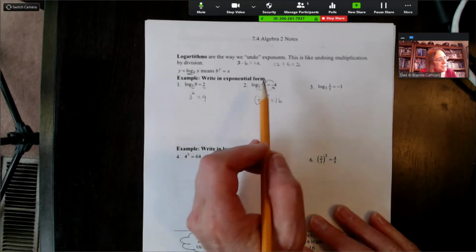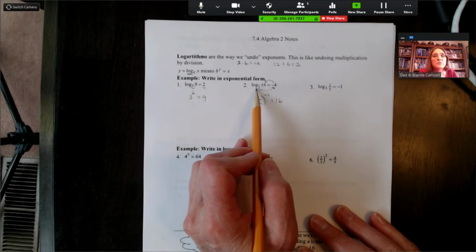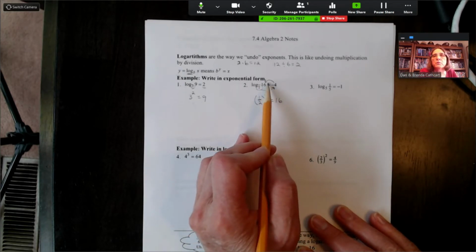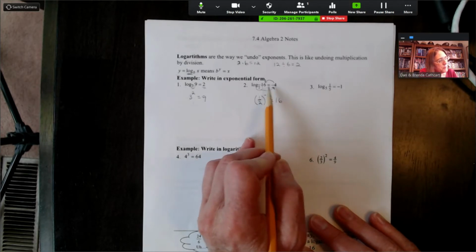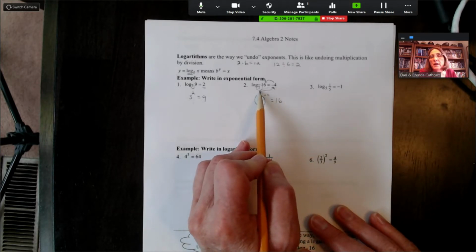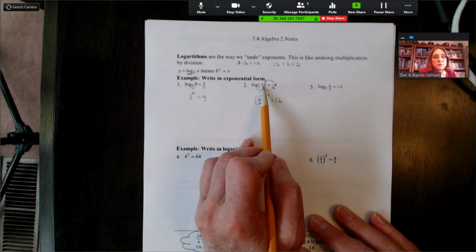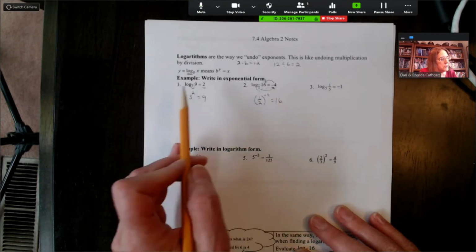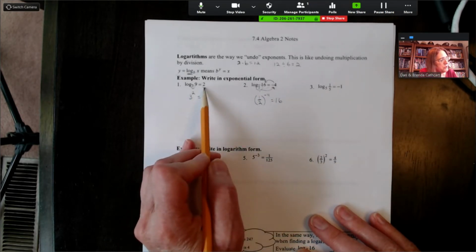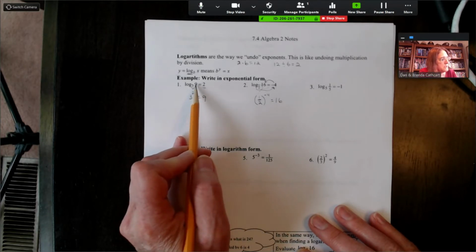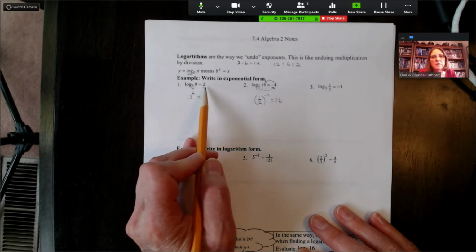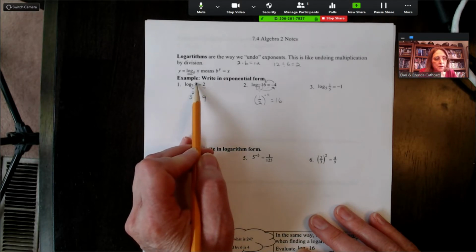So notice that the value of a logarithm expression is equal to an exponent. That's the exponent that we raise 1/2 to get an answer of 16. Just like we did here, 2 is the exponent that we raise the base of 3 to get 9. 3 to the power of 2 is 9.